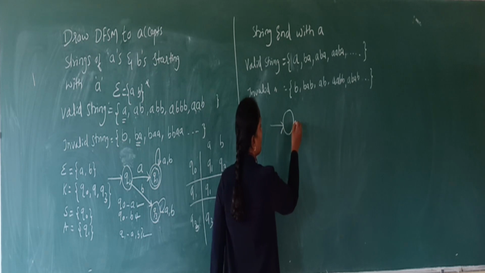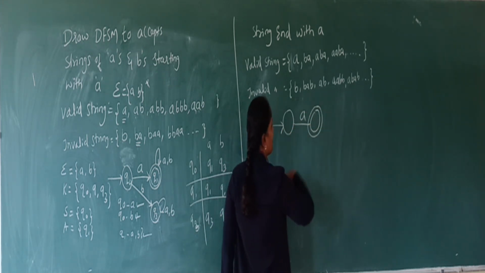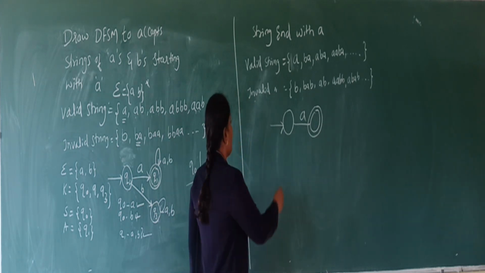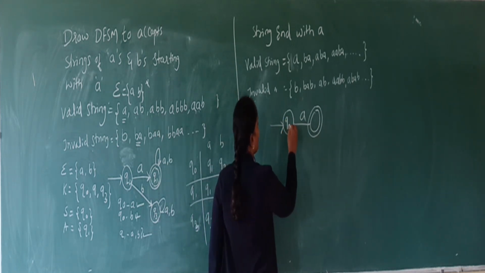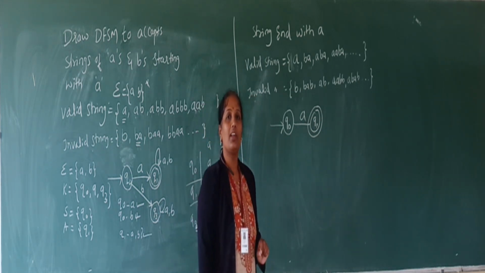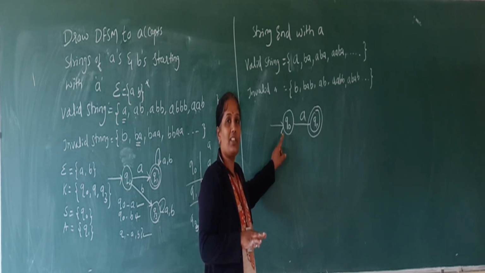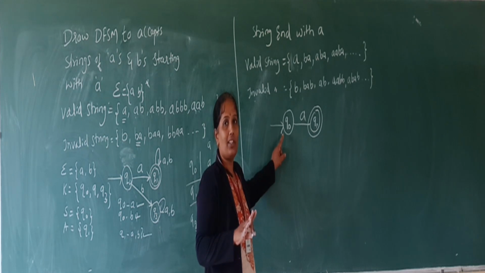So, this is my start state, then A. This is my accepting state. Here, this is Q0, this is Q1. It should end with A. The prefix of the string may have any number of A's or any number of B's, it doesn't matter.